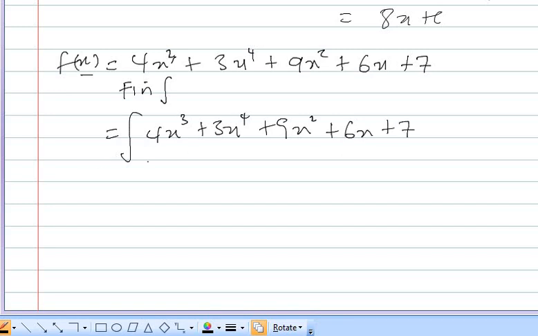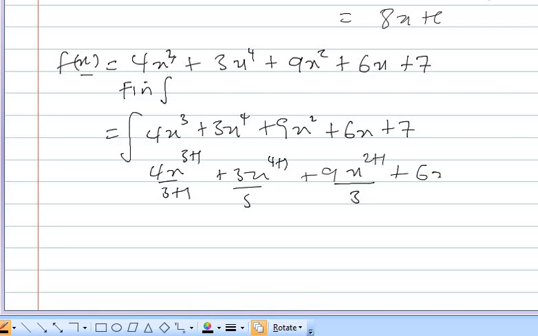Here we can just apply our formula. You can say 4x raised to the power 3 plus 1 all over 3 plus 1, plus 3x raised to the power 4 plus 1 all over 4 plus 1, making it 5, plus 9x to the power 2 plus 1 all over 2 plus 1, which is 3, plus 6x raised to the power of 1 plus 1 all over 2, since the sum is just 2, plus 7x raised to the power of 0 plus 1 all over 0 plus 1, plus c.